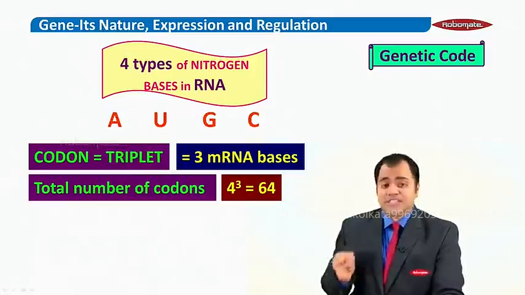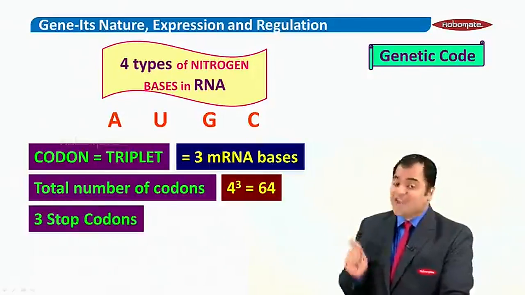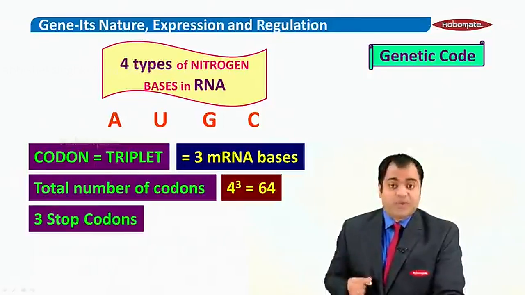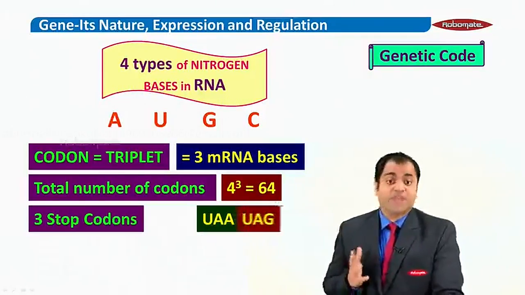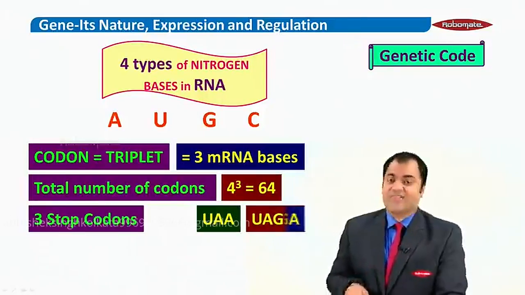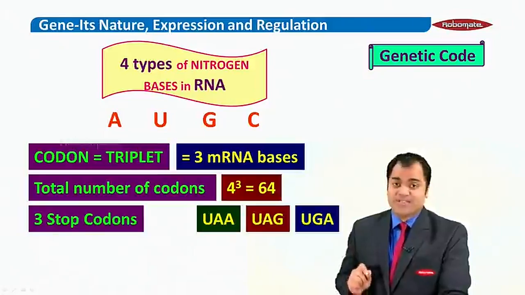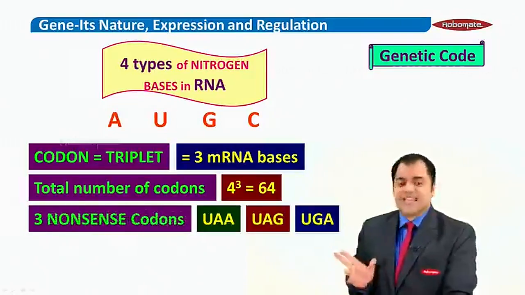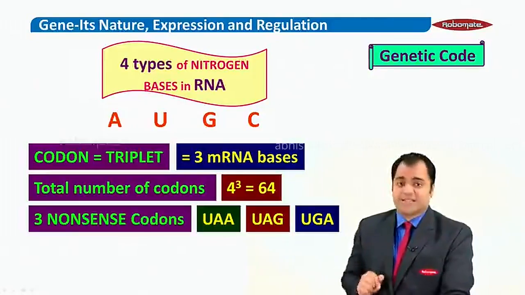Now out of these 64 codons, you know that 3 codons are called stop codons. And which ones were they? They were UAA, they were UAG, and they were UGA. These 3 are stop codons. They are also called nonsense codons because they do not code for any amino acid.